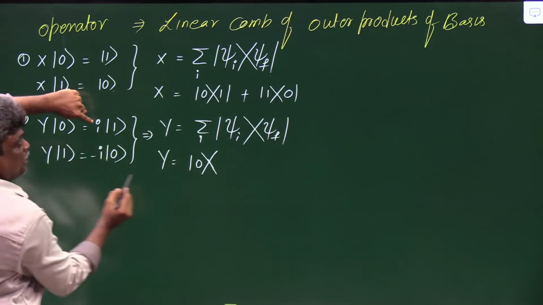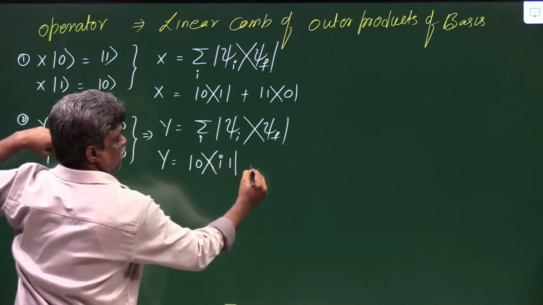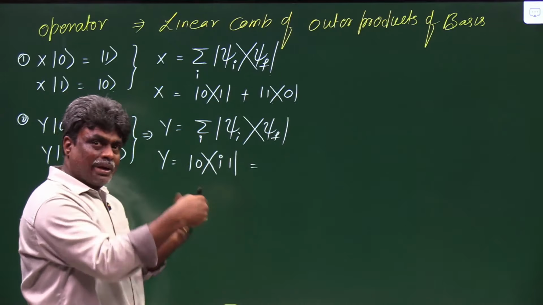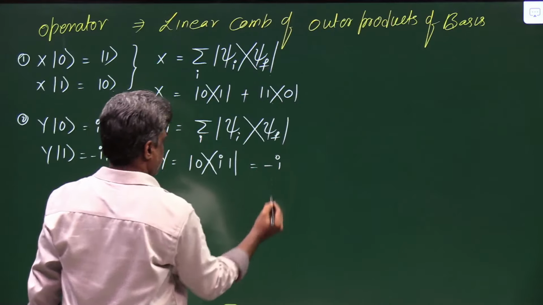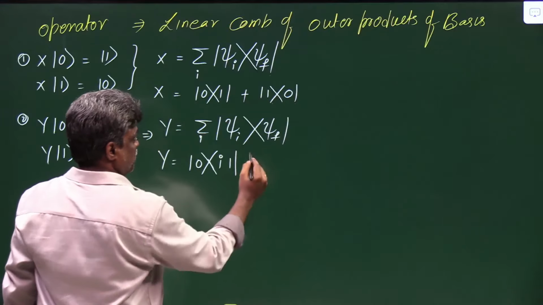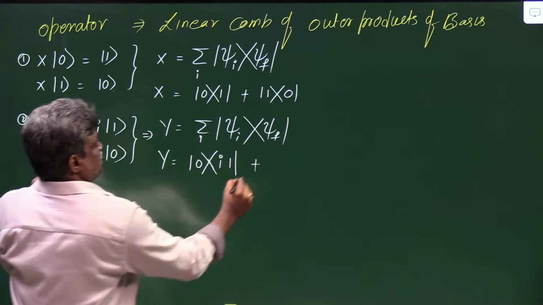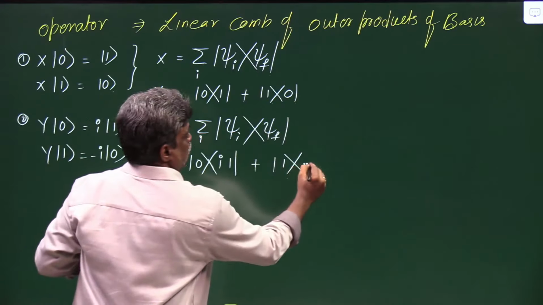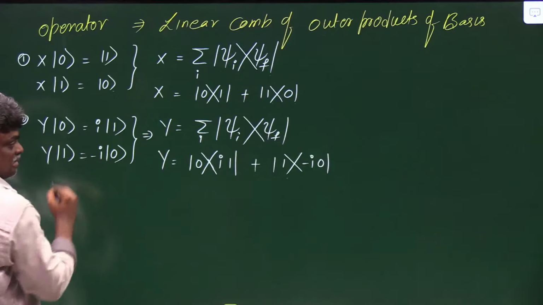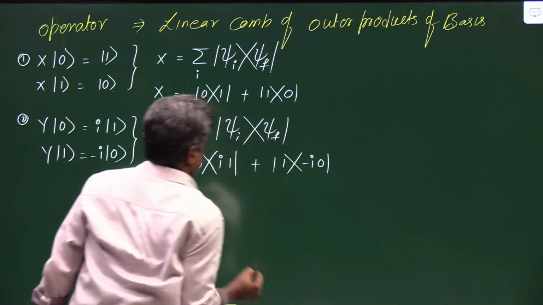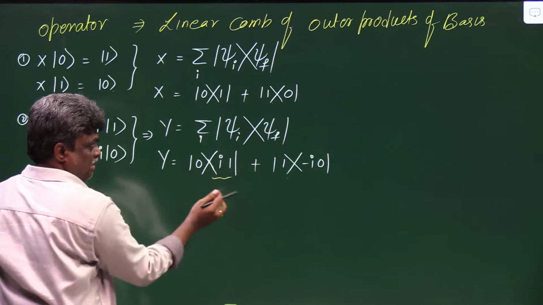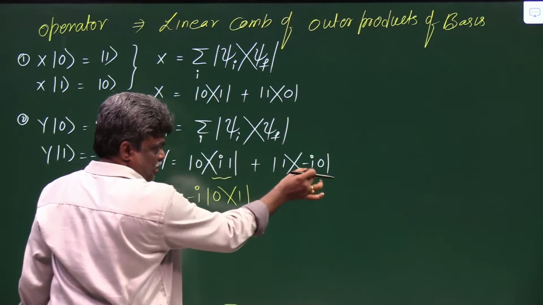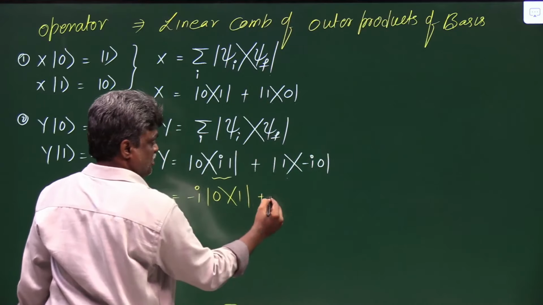Careful, you have to take this iota also, iota 1. But whenever there is a complex constant in the bra vector, you get the complex conjugate. So this is a minus iota. Plus, next, the initial state here is 1, and the final state is minus iota 0. You have to take this constant also. And we know already, whenever there is a constant inside the bra vector, you get the complex conjugate, so minus iota becomes the bra 0, 1 with the conjugate, which is iota.